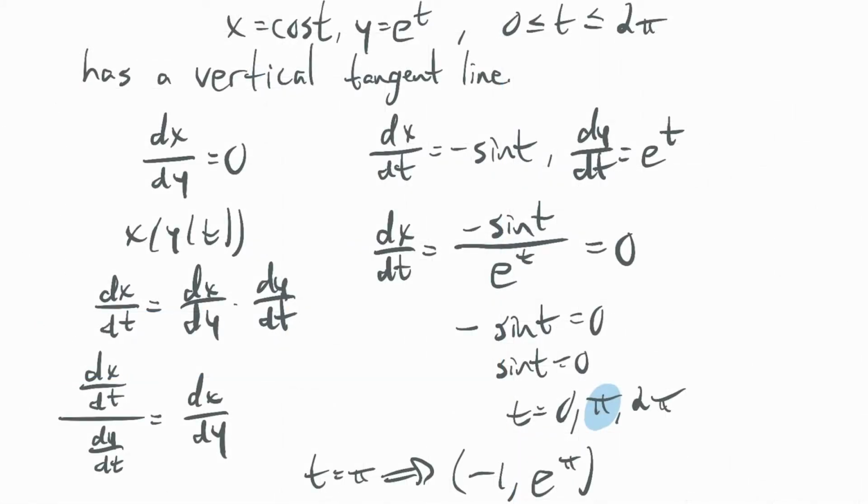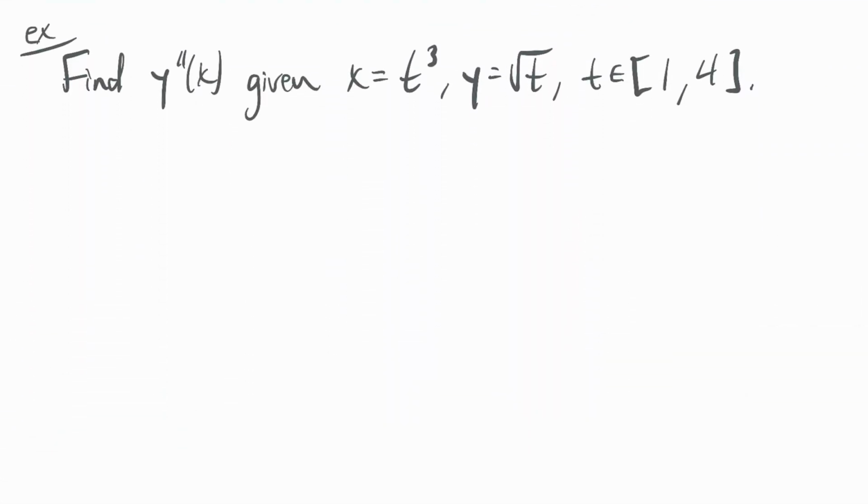Okay, what's next? Find y double prime of x given x equals t cubed, y equals the square root of t, and t is in the interval 1 to 4. Basically we need to go through the chain rule again.